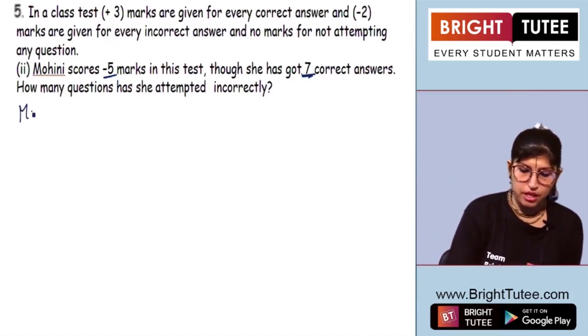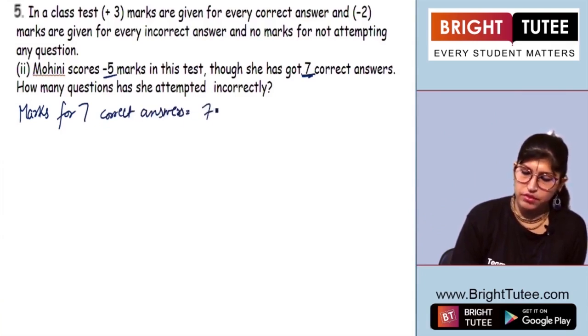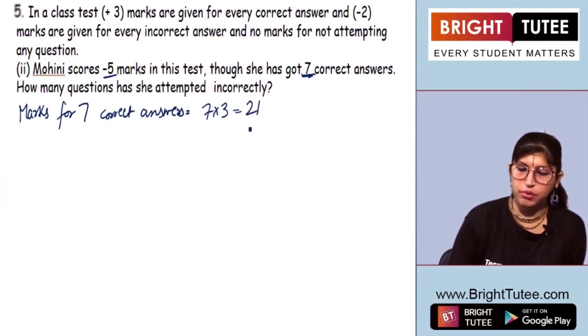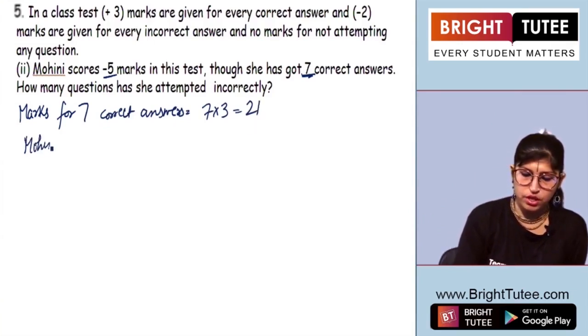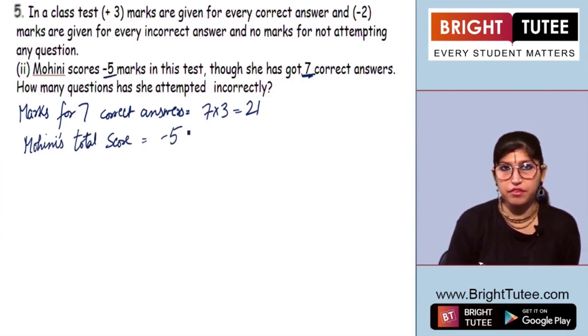So we'll start with the same thing: marks got for 7 correct answers will be 7 times 3, which is 21 marks. Now Mohini's total score is minus 5.